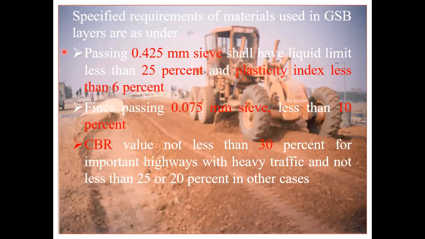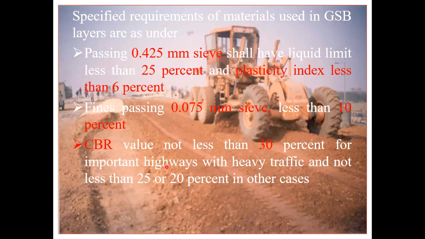All these specifications are very important to write. If we don't achieve these limits, you have to relay or compact it again until you achieve them. Next, fines passing 75 micron should be less than 10%.